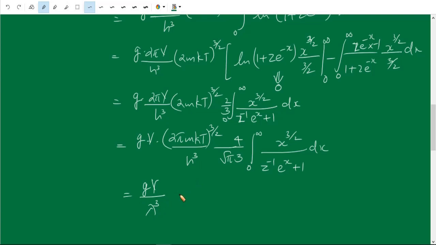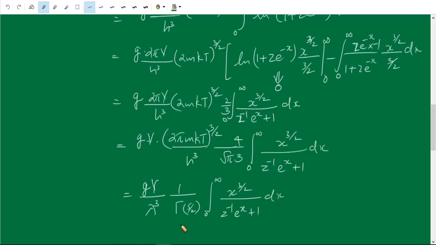So this can be written as 1 divided by gamma of 5 by 2, integral 0 to infinity x raised to 3 by 2 divided by z raised to minus 1 e raised to x plus 1, dx.